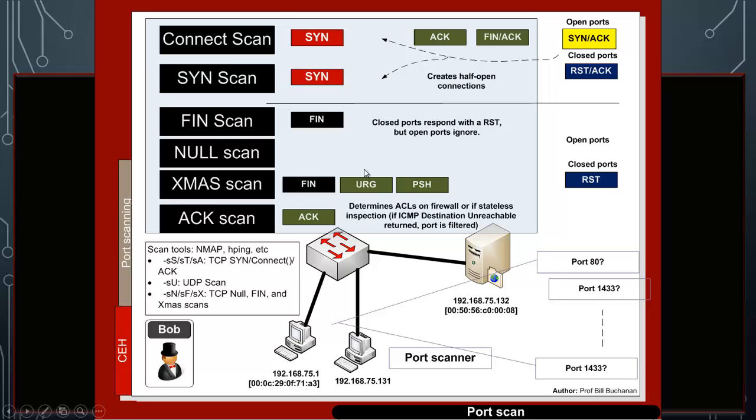Null has no flags at all. A Christmas tree is FIN, urgent, and push, and an ACK is just an ACK, and that's often used to determine the ACLs in a firewall. And what we should get back is on a closed port we get a reset, and an open port just ignores it for a Christmas tree scan, and FIN and null and acknowledge.